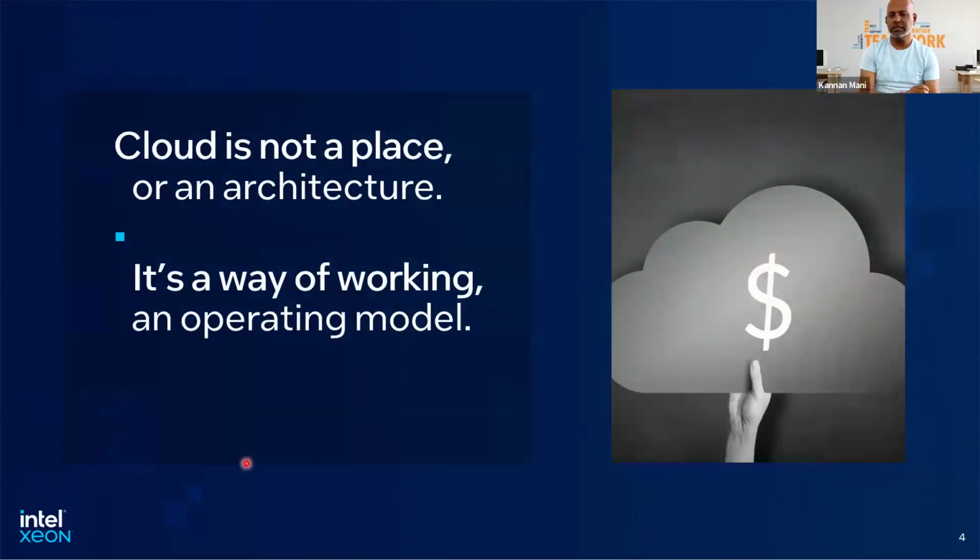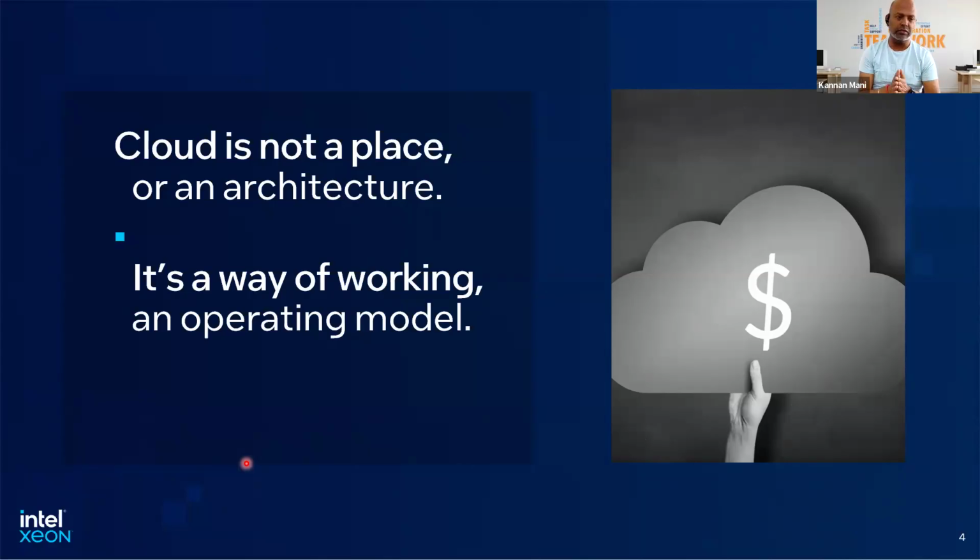I think you all kind of think this is more of a perception. A cloud is definitely not a place or an architecture. It's a way of working, right? It's an operating model. You've all heard about multiple clouds: private cloud, public cloud, hybrid cloud, multi-clouds, sovereign cloud.